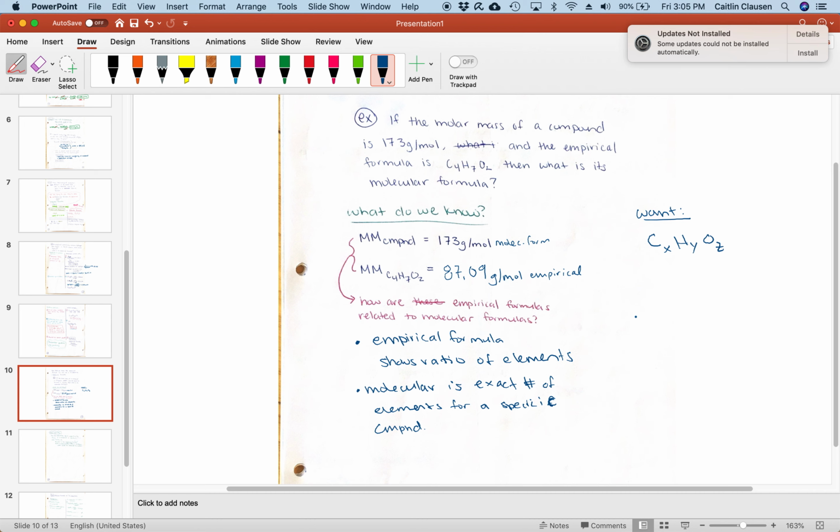So if I take my masses and I divide them by one another, I have the molecular over the empirical. That gives me 1.98, which I can round up to 2.